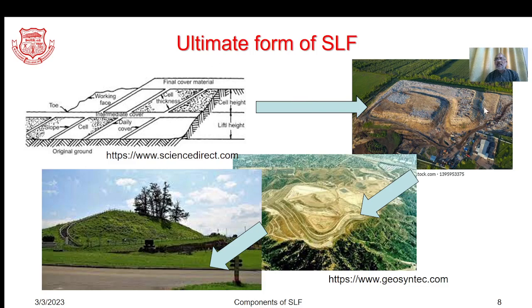During the construction this could be seen like this. Whereas as it is closed down, all the final covers are laid, benches are formed, and it would give some look like a contour plan. Whereas as we lay the final covers and it is covered with vegetation, it would give this beautiful look.